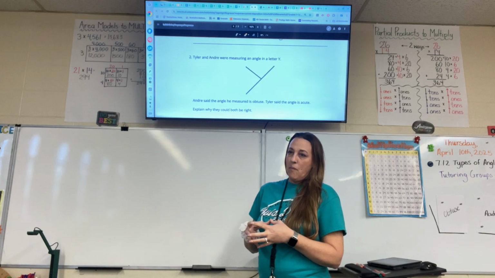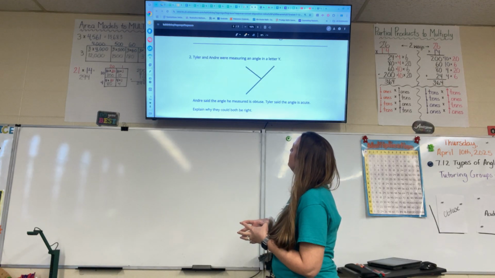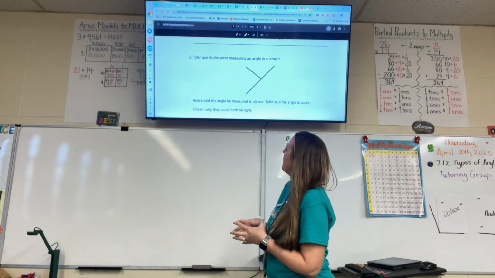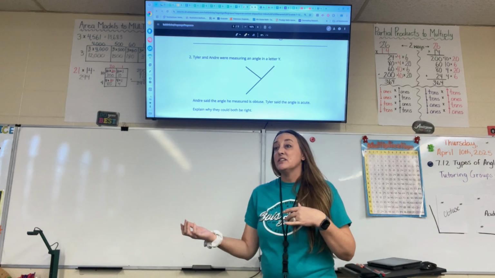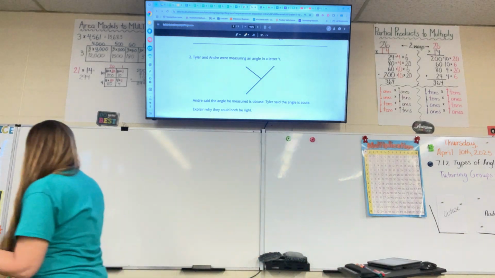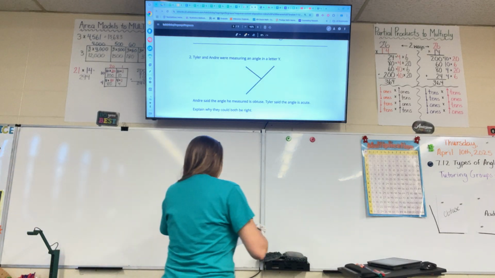The top part of the Y is acute, and the slanted one where it goes down and then out is obtuse. So basically what you're saying is one of these is acute, one's obtuse. That's how they can both be right, because they measured two different angles. There are two different angles here, technically three if you count the straight angle.